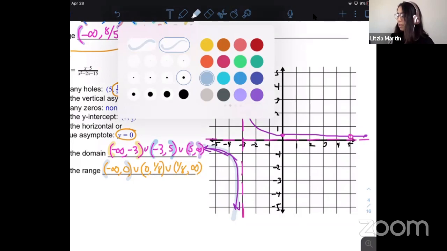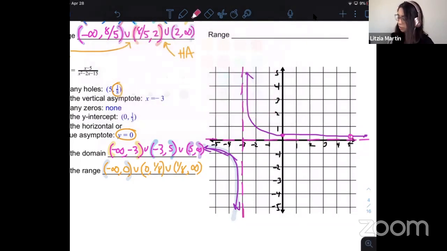And then we've got this chunk here from 0 to 1/8, because technically that piece is a little bit lower, like it's getting a little bit closer to the horizontal asymptote as you go further to infinity, right?